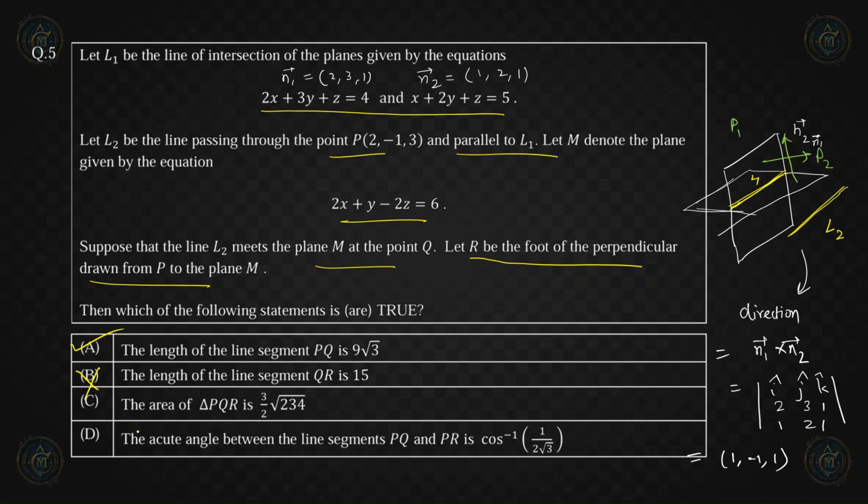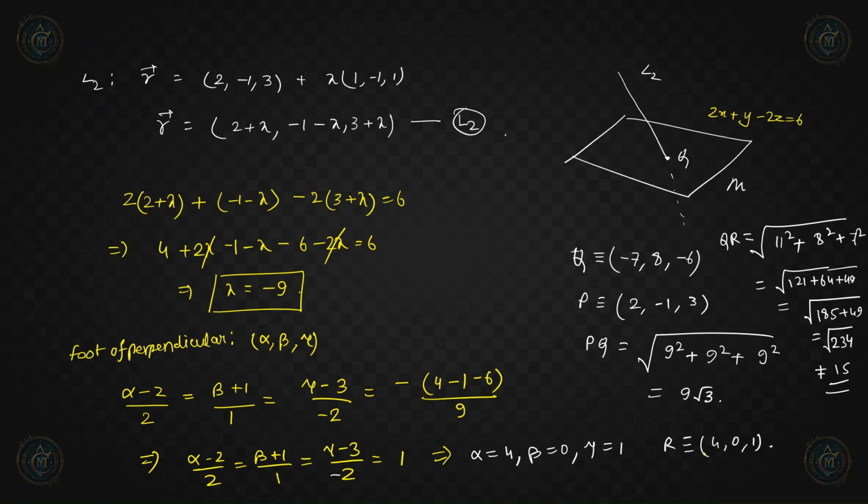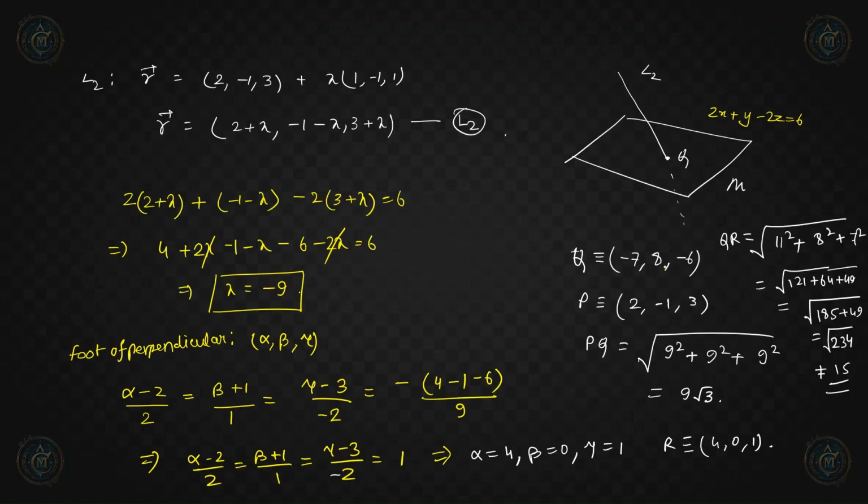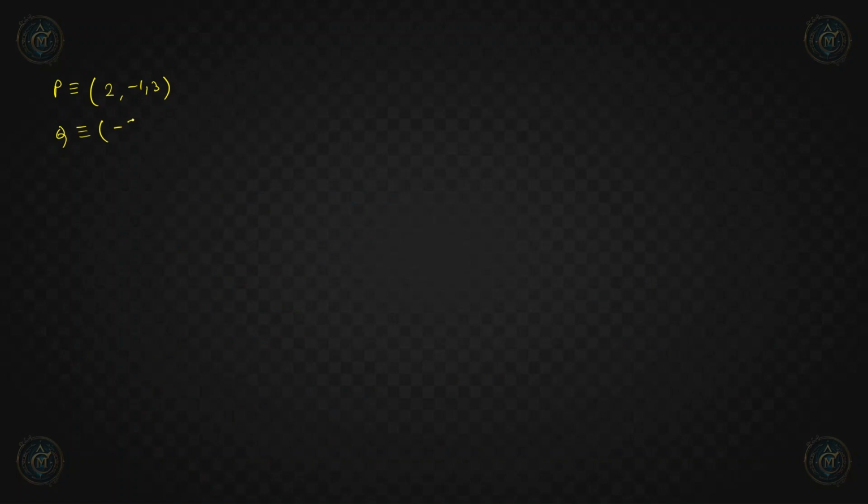Okay. Then let's check option C. So for option C, we got P point as 2, minus 1, 3, and then Q point as minus 7, 8 and minus 6, and R point as 4 comma 0 comma 1.